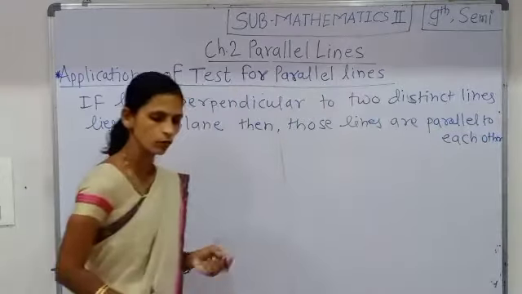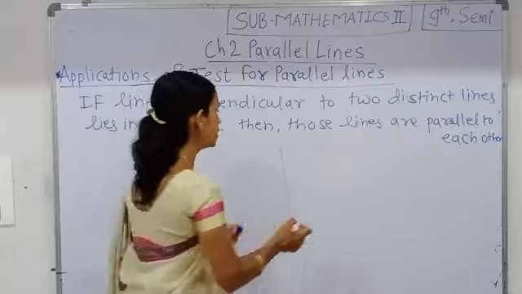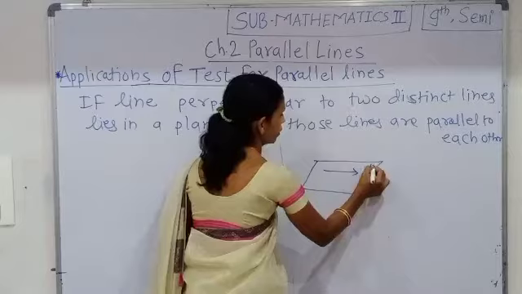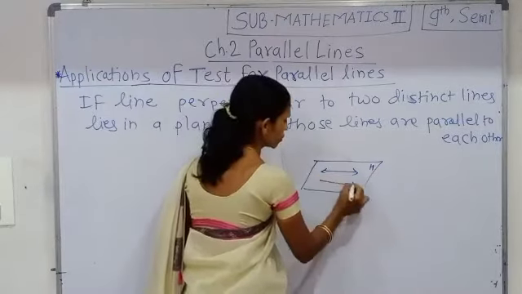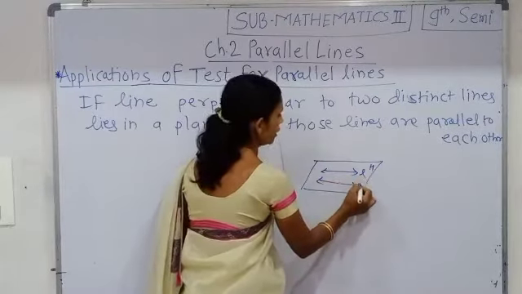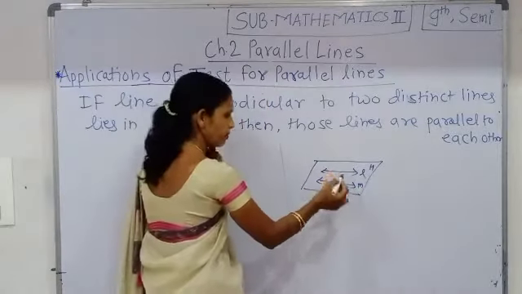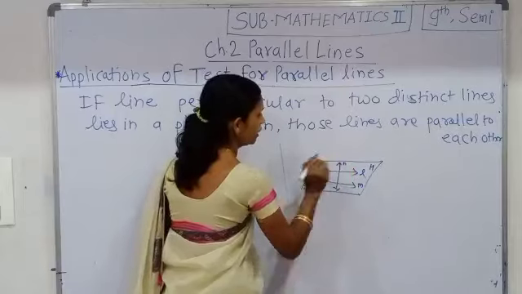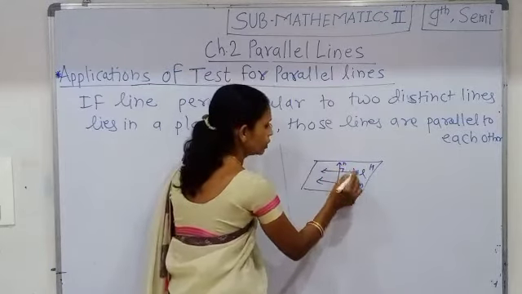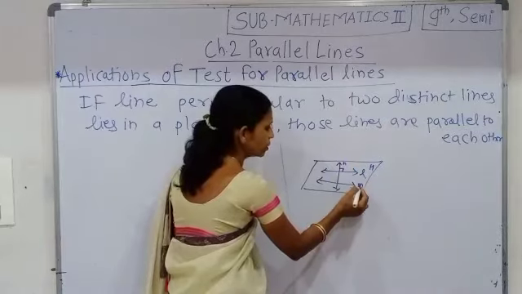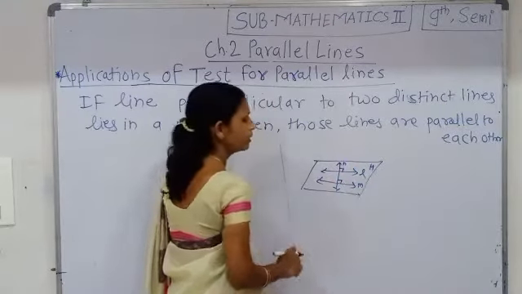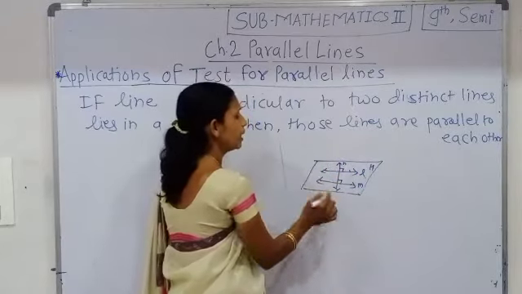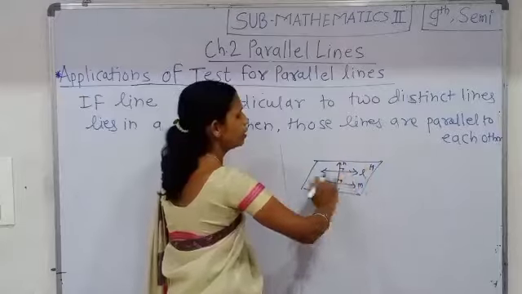That means suppose there are two different lines in the same plane. See here, H is a plane in which those two lines are there, line L and line M. If there is one more line N which is perpendicular to line L, as well as perpendicular to line M, and those two distinct lines lie in the same plane, then those two lines are parallel to each other.